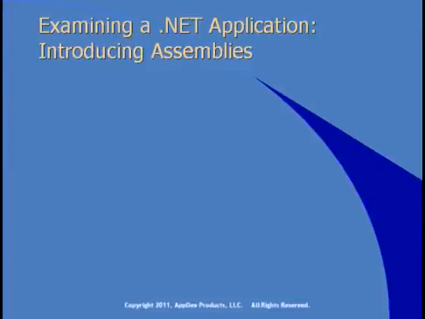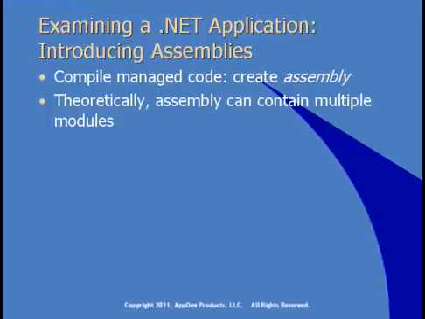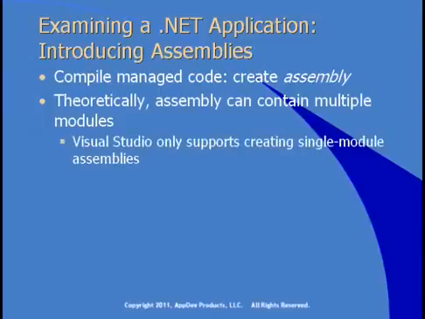We're going to spend some time looking at a .NET application, and to do that, we'll need to think about what an assembly is. An assembly is what you get when you compile managed code. You compile it, you get an assembly. That's what comes out the other side. Theoretically, an assembly can contain multiple modules, although Visual Studio only supports creating a single module assembly, so that's all we'll see in this course.